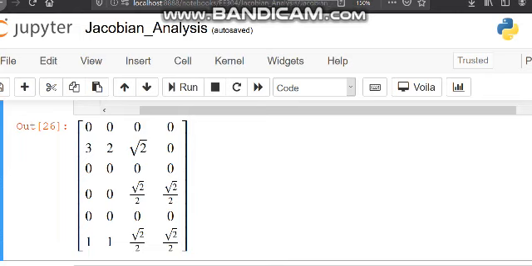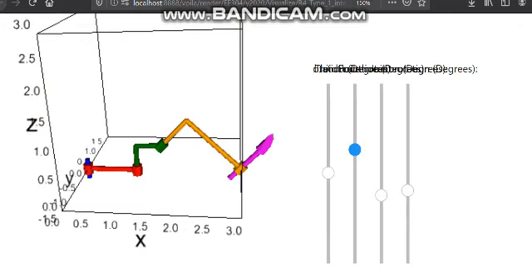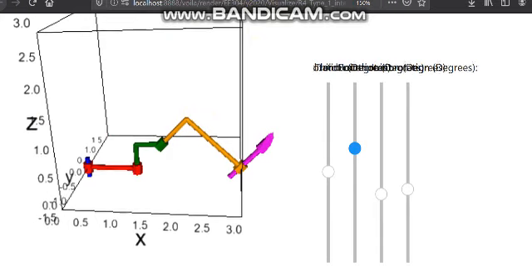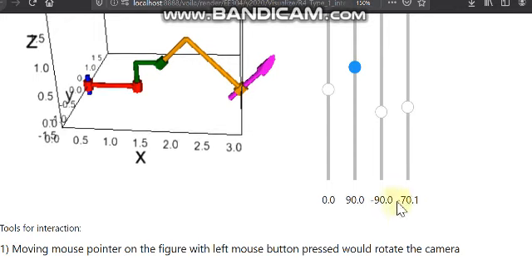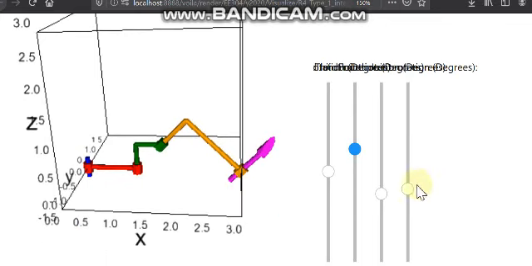Let us continue our analysis further. We will bring back the second joint angle to its reference value, and keeping theta 1, theta 2, and theta 4 unchanged.